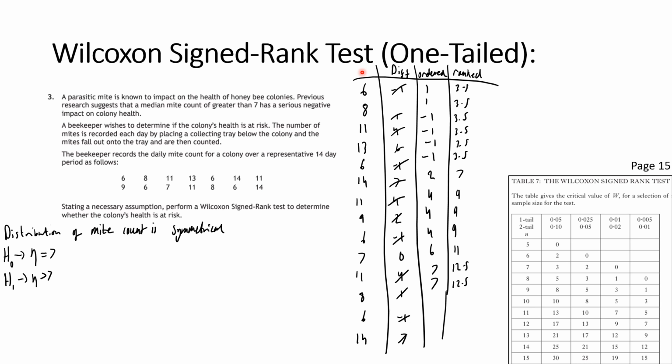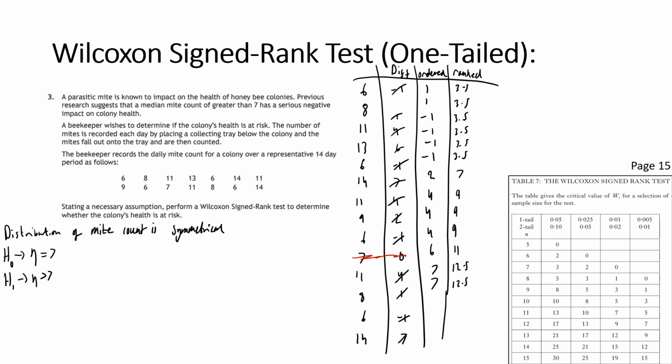I have the values here, the difference here, and I've ordered them, and then I've ranked them. The one thing I want you to look at is that whenever you have an observed value that is the median or the assumed median, you just cross it out, and it isn't included in your statistical analysis.